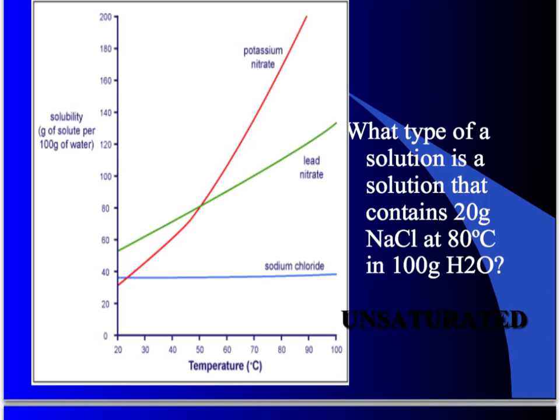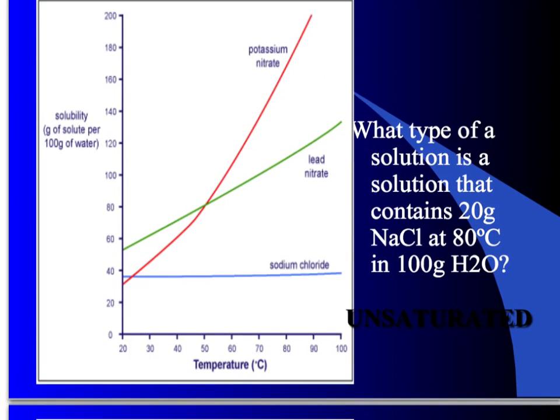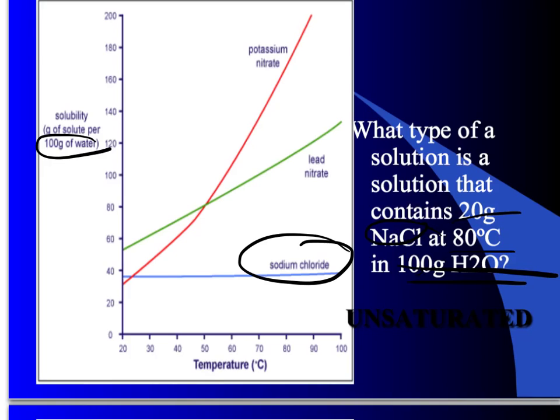Looking at another graph here, now we have a solution that has 20 grams of sodium chloride, so that's going to be NaCl, this blue line, at 80 degrees Celsius in 100 grams of H2O. And we have that over here, so don't care about that number so much.